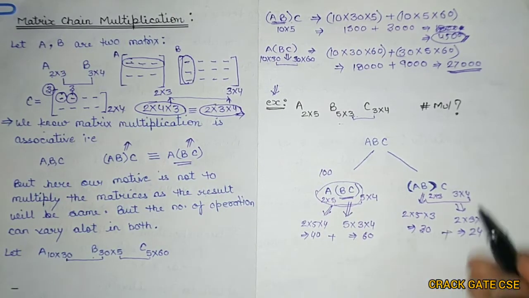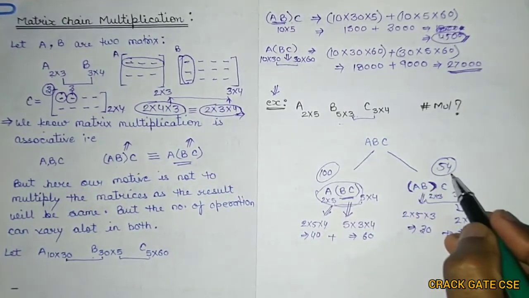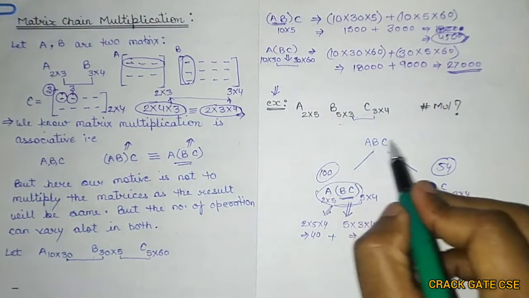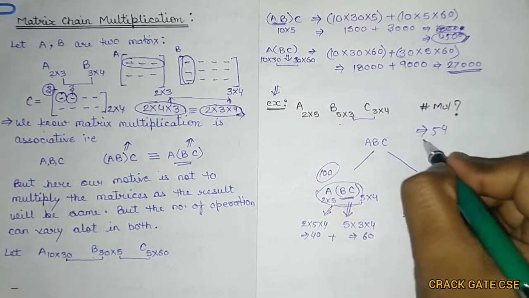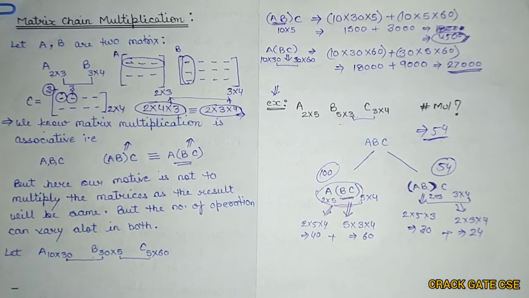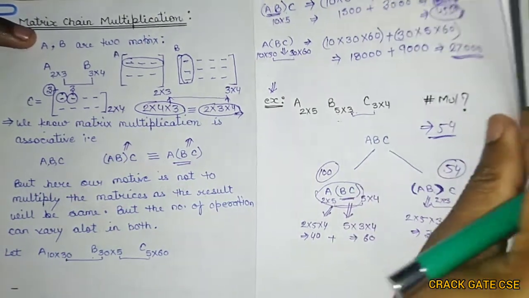Now if you add these two, you will get 54. So you can clearly see that the minimum number of multiplications required to multiply ABC is 54. So the answer will be 54. This way you can solve the questions. Now let's solve one question in which I have 4 matrices.